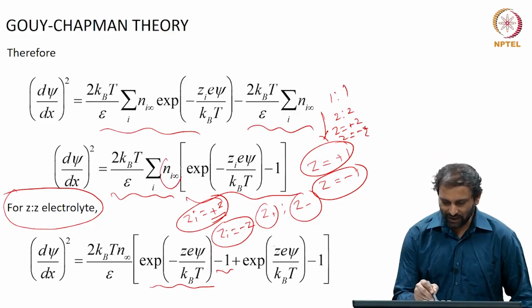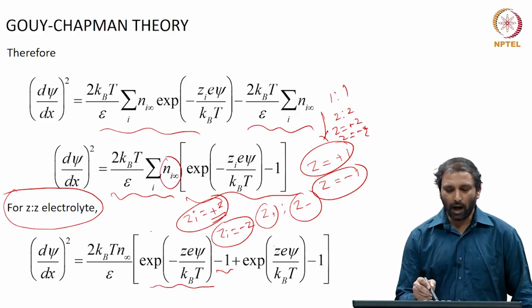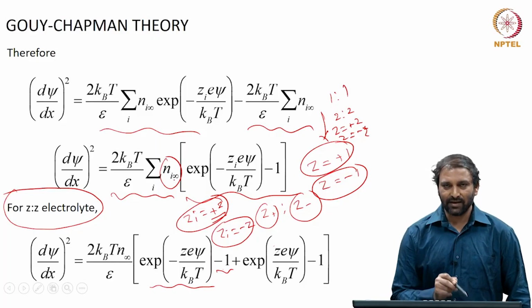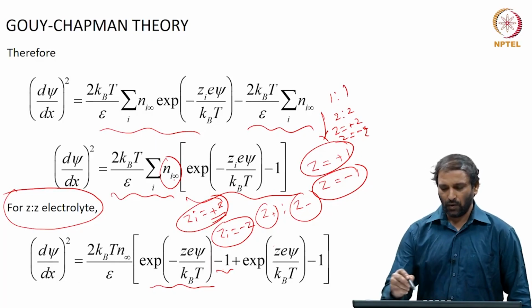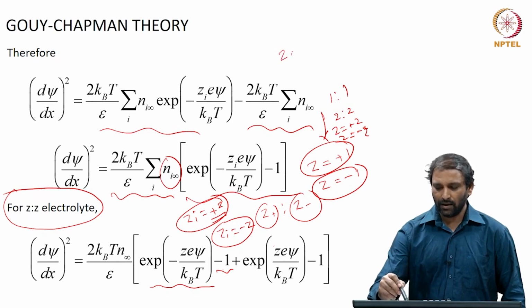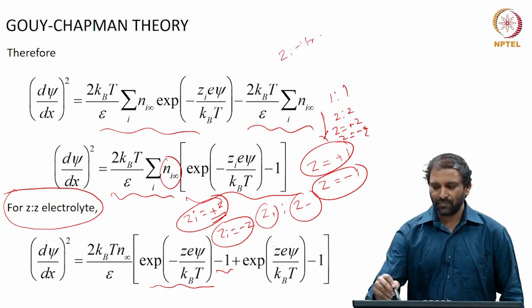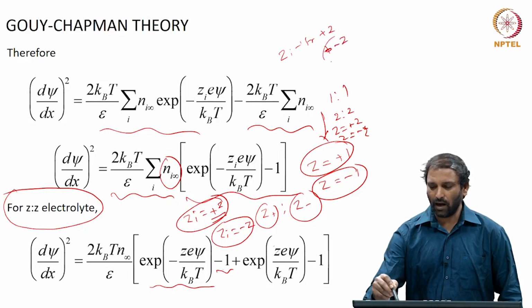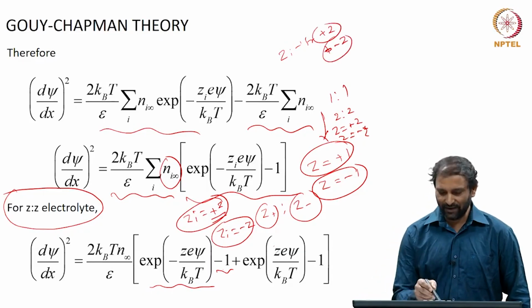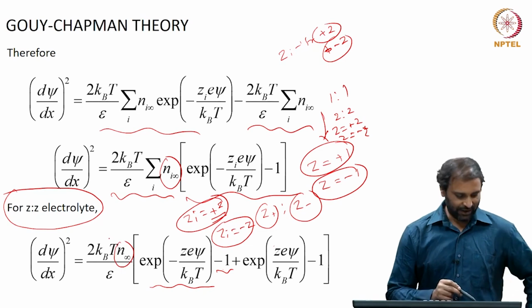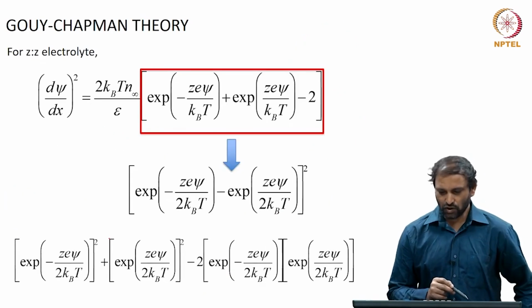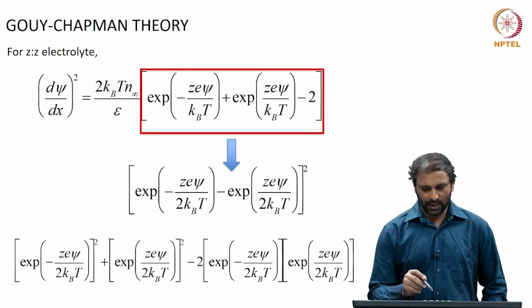The reason we have taken n_i∞ out of the summation sign is because for a given concentration, n_i for both plus Z and minus Z ions is essentially the same. Therefore, I can take it out of the summation term, and it becomes n∞.